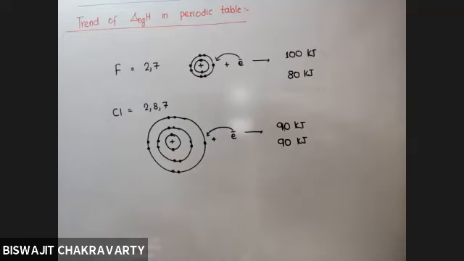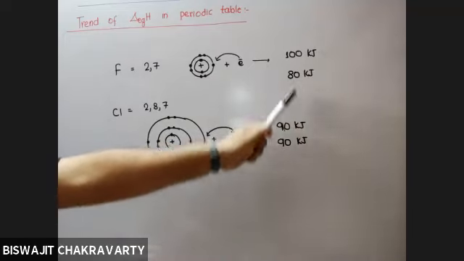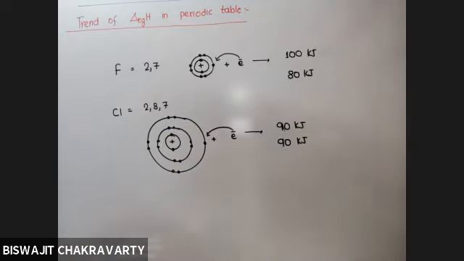Yes, sir. So ultimately, which energy released is found to be greater? It is chlorine, which is releasing a greater amount of energy. And who was expected to release the greatest amount of energy?